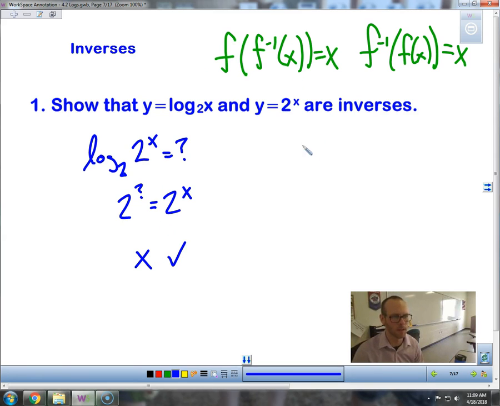Now, how about if I do it the other way? What if I take this and put it into the other function? 2 to the log base 2 of x. What happens here?